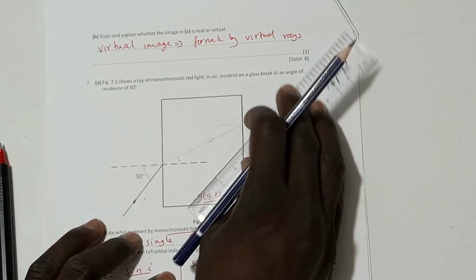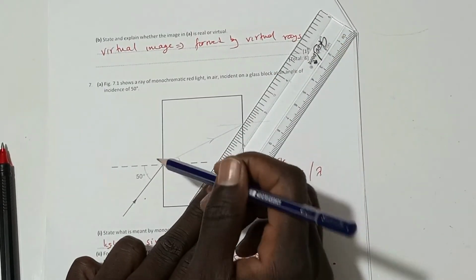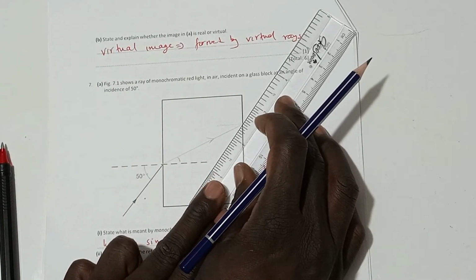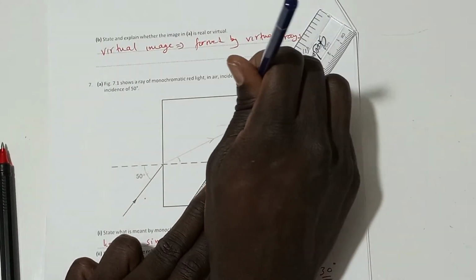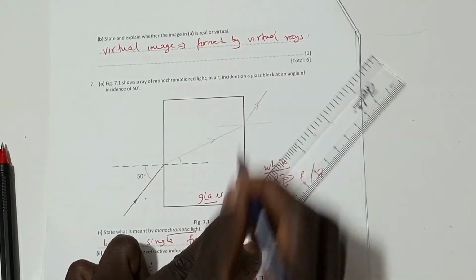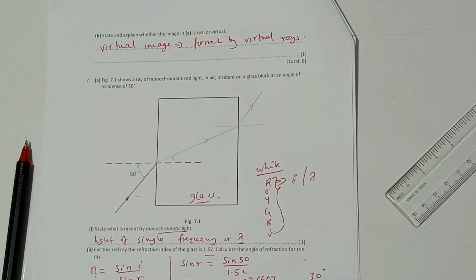That means the way it's going to be refracted should be parallel to this. So by the look of the eye, if I draw this, it should be parallel to this. So that is how you get 2 marks.